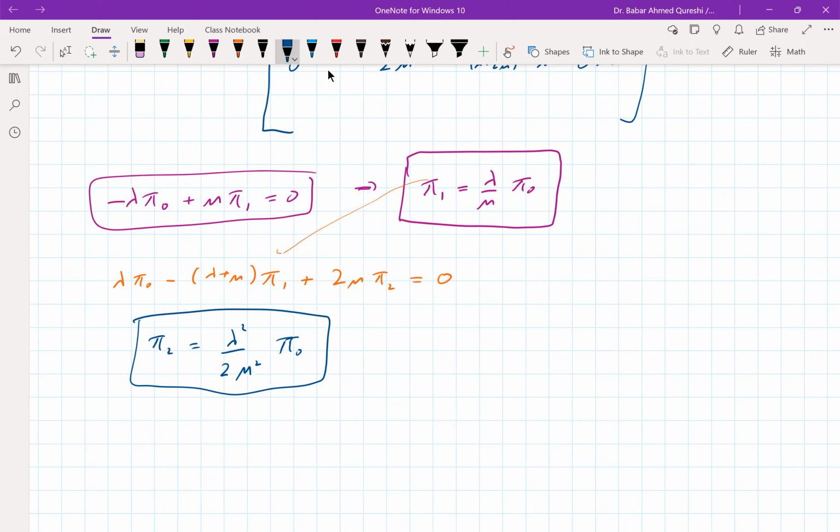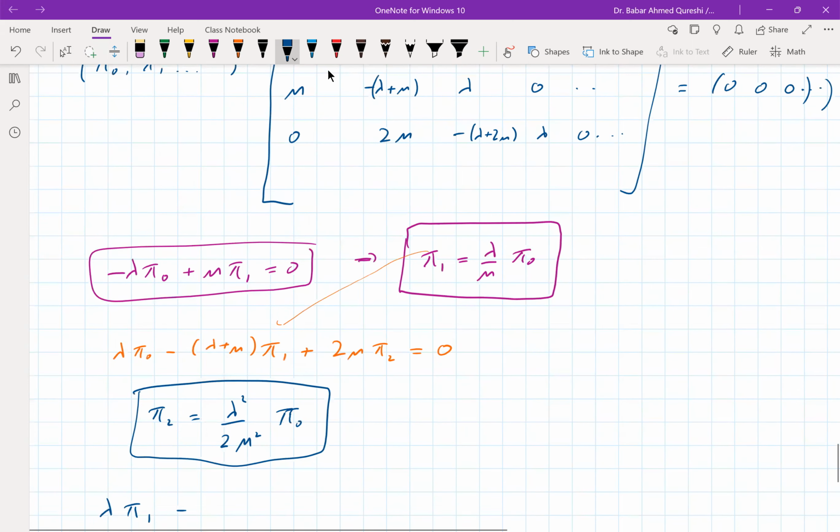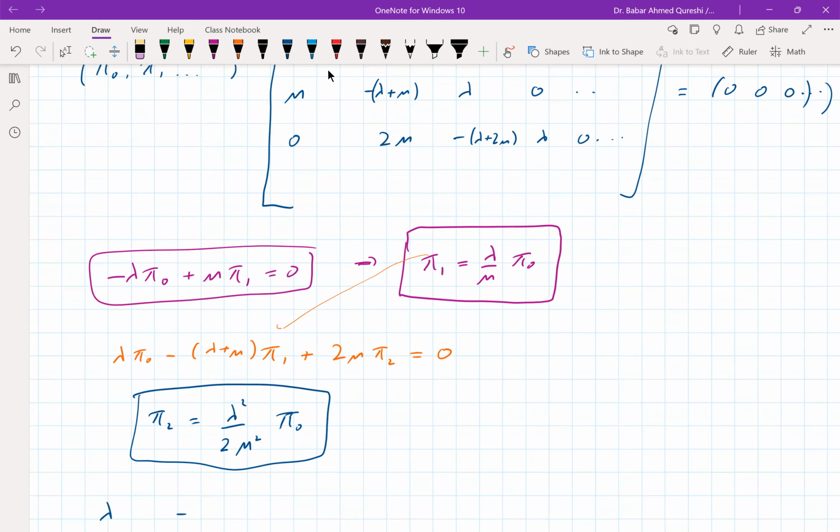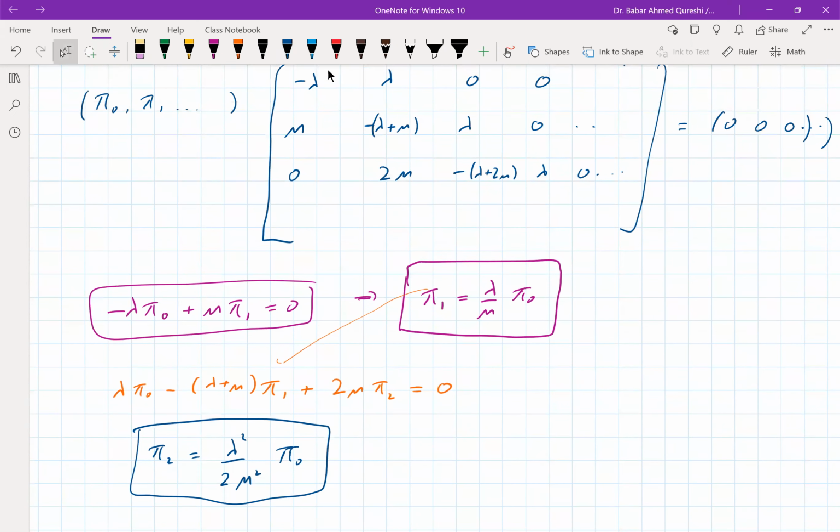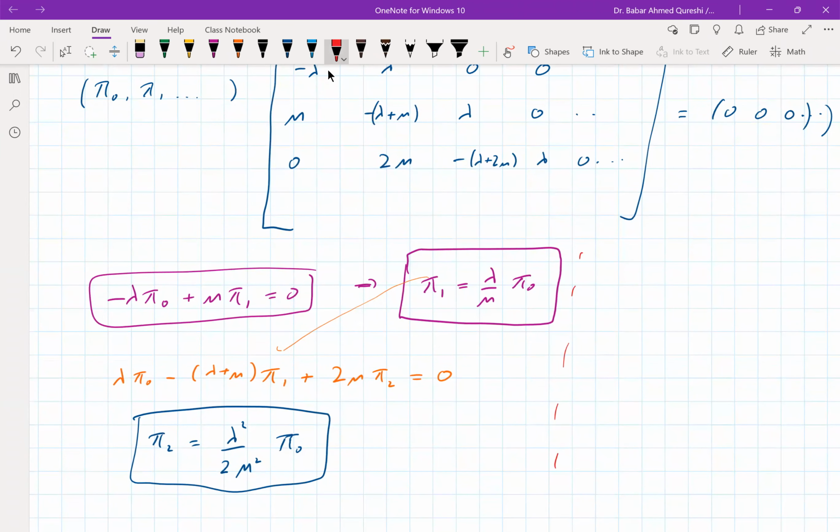And I can keep doing it. For example, the next one is lambda phi 1 minus, if you look over here, let me write it here. The next equation goes with this line, the third line.